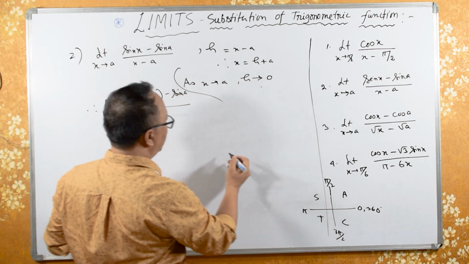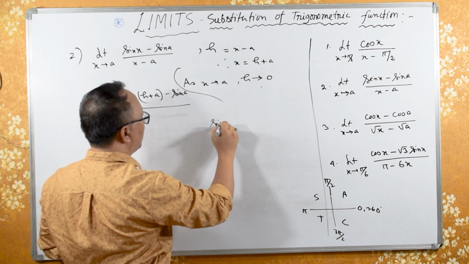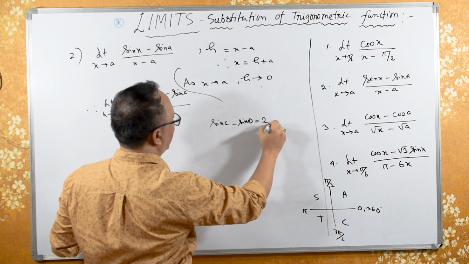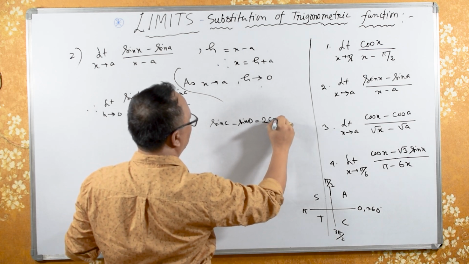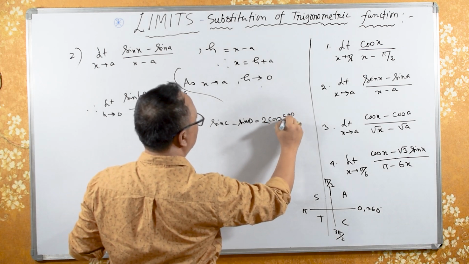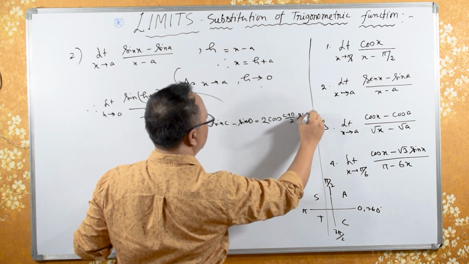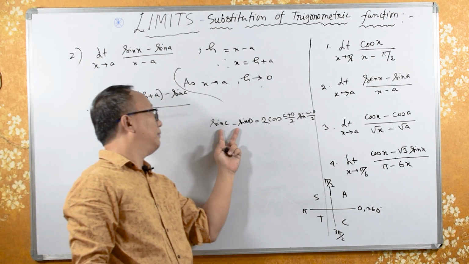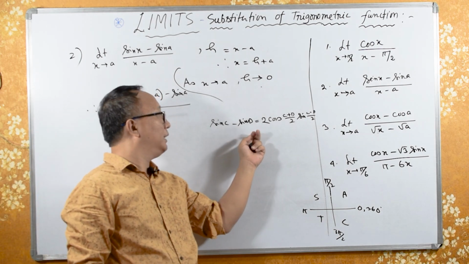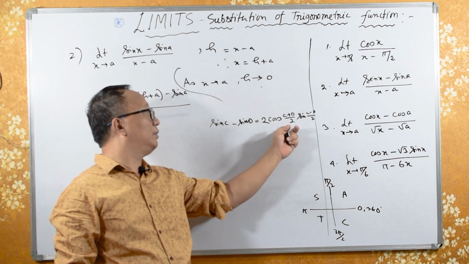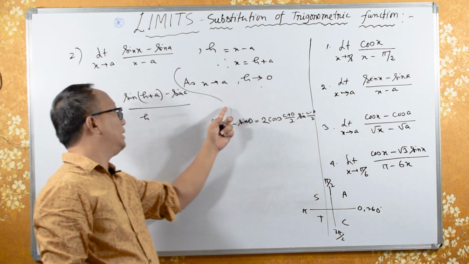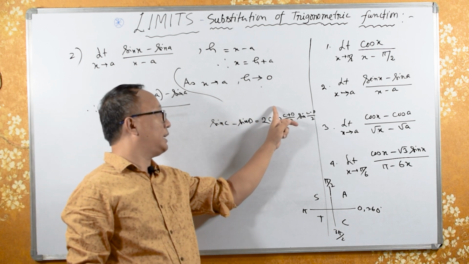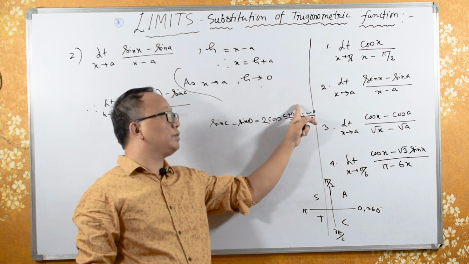Remember, sine c minus sine d equals twice cos of (c plus d) upon 2 times sine of (c minus d) upon 2. If it is plus, sine c plus sine d, then it is twice sine of (c plus d) upon 2 into cos of (c minus d) upon 2.